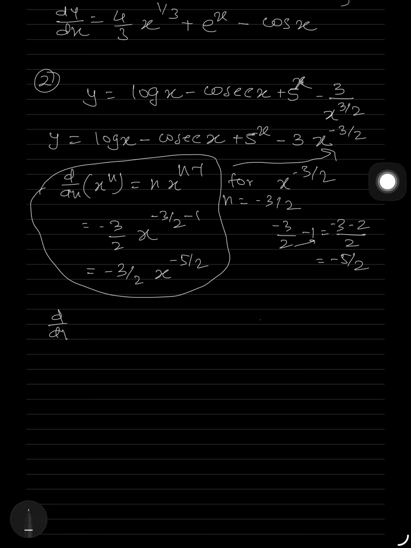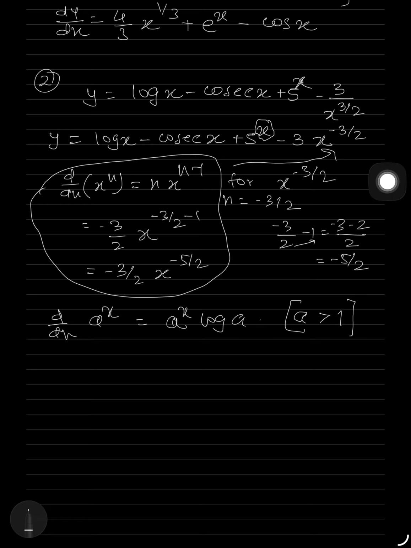Next, 5 raised to x. The derivative of a raised to x, the formula is a raised to x log a, where a is greater than 1. That is the condition. When you find the derivative, the index is a function of x, and the base is a number which is greater than 1.